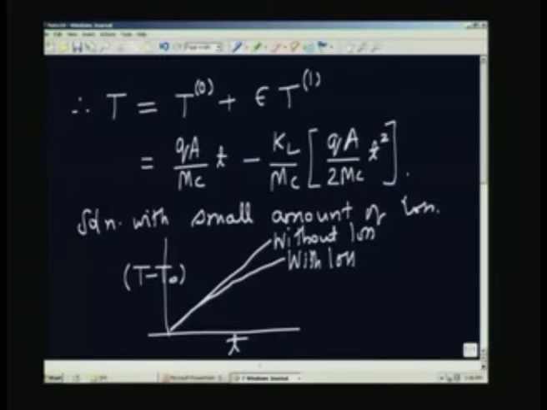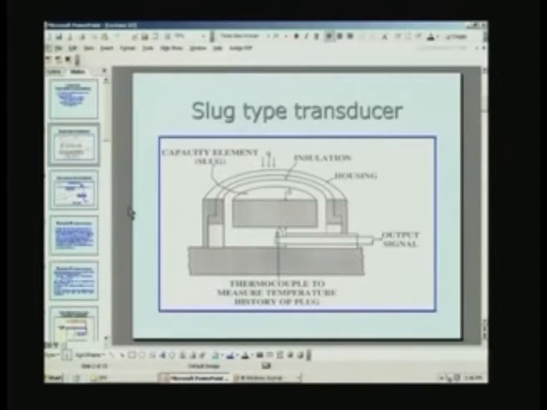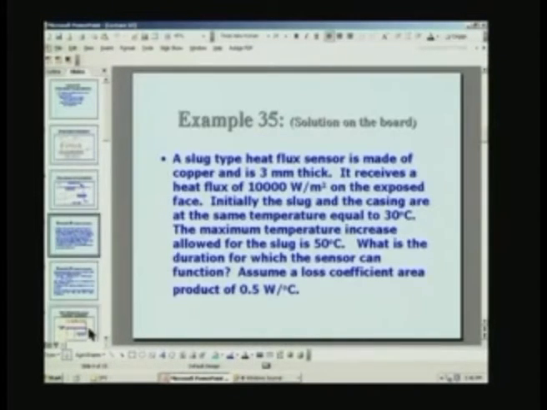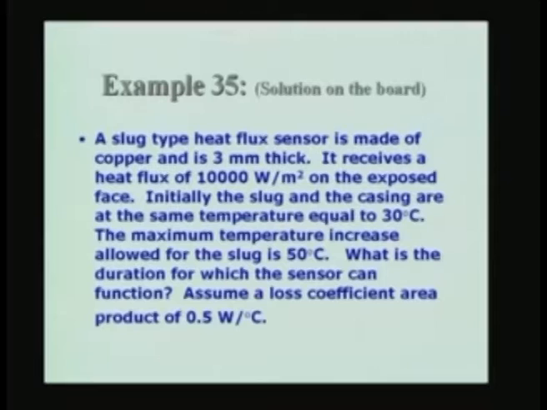So, let me take a simple example which I call example number 35, and I will work out the response. We will first look at the formulation. Example 35, we have a slug type heat flux sensor which is made of copper and it is 3 millimeters thick.